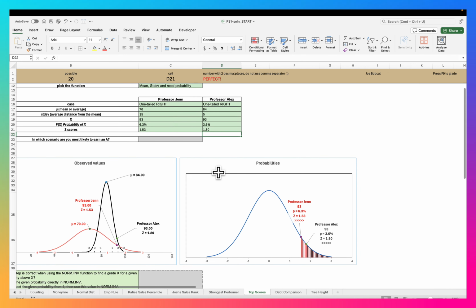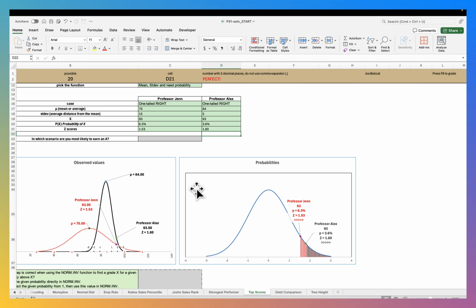So now we can look at it on the graph. Here's Jen for a 93. Here's Alex for a 93. You can see that the distributions look really different. Jen's class has a much bigger standard deviation. The grades are spread out more. And do you see the effect that has in the tail over here?